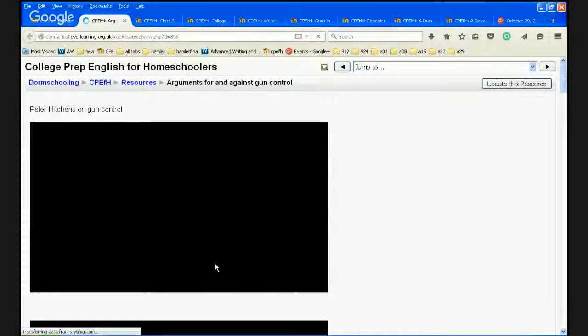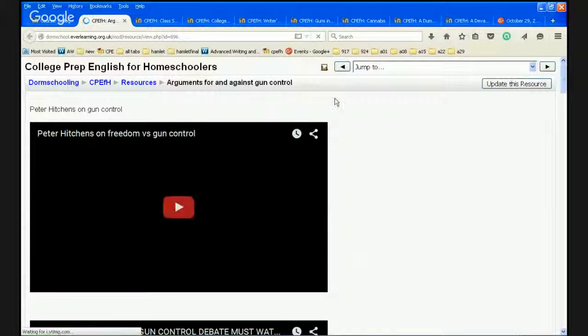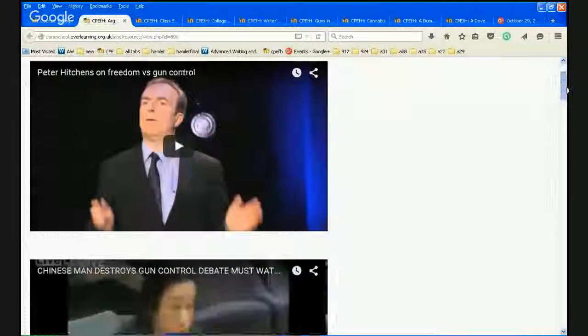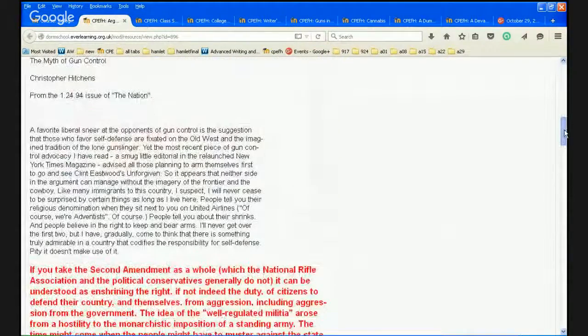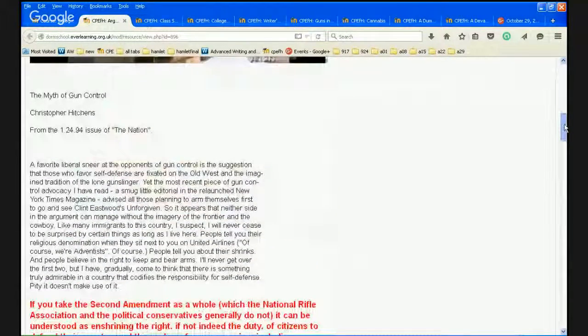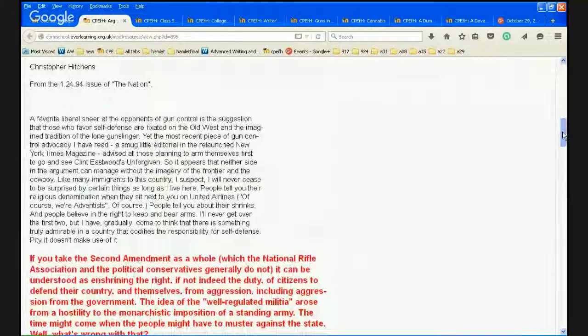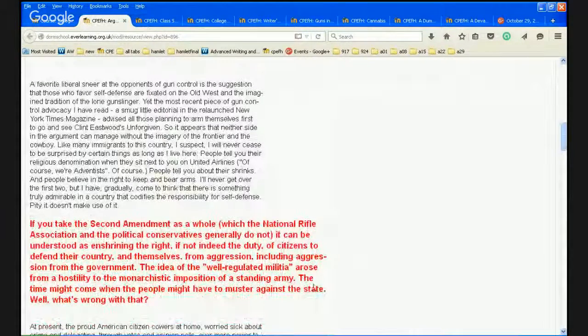Simply because what I did was go through and find a couple of essays. In this case, they're not videos. I've got some videos there too, which are very good. But in this case, what I did was I took little parts of the essays and highlighted them so that we could find them easily. This is written by Christopher Hitchens.